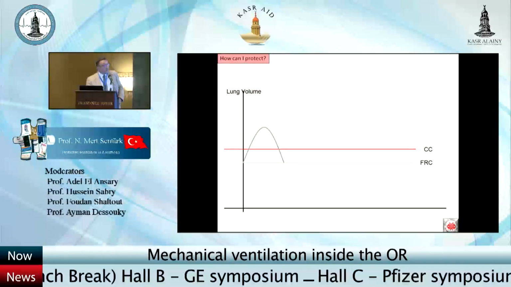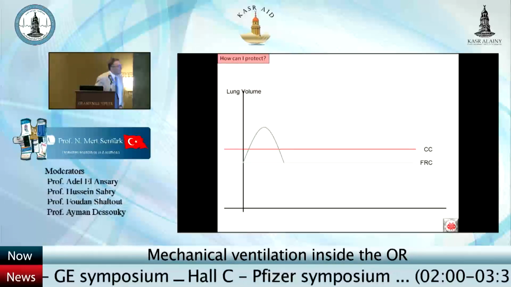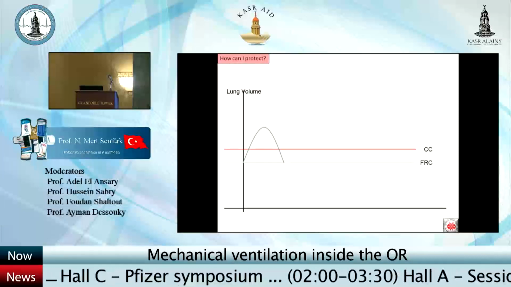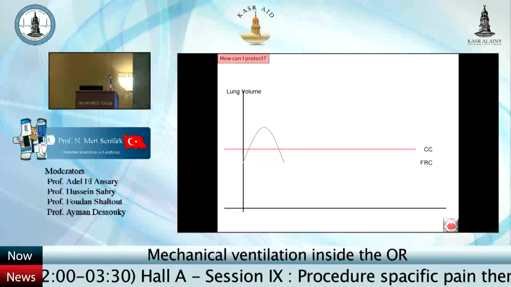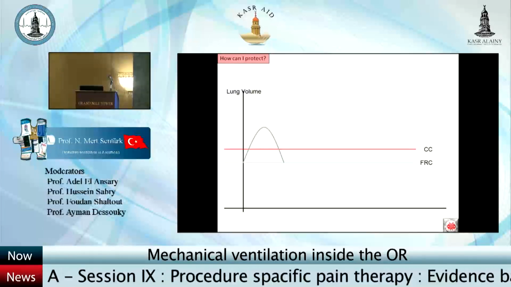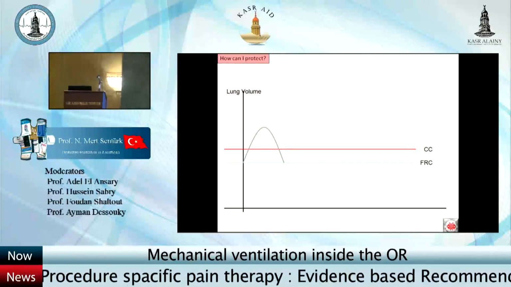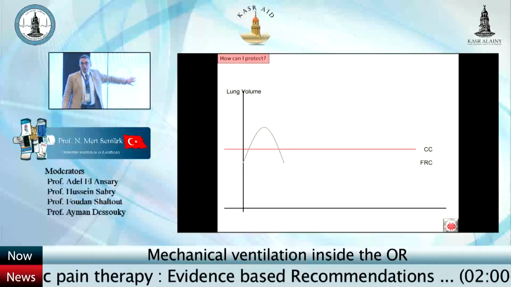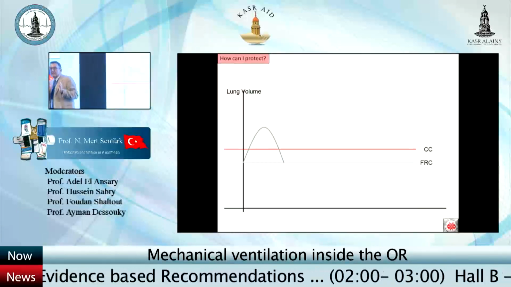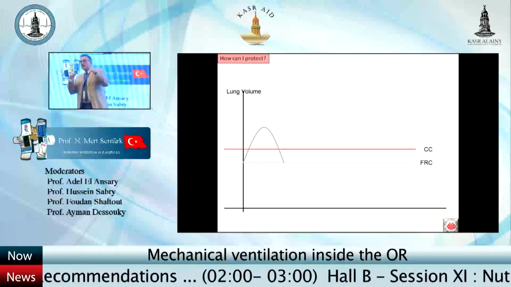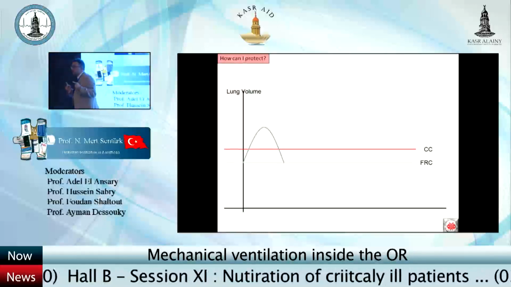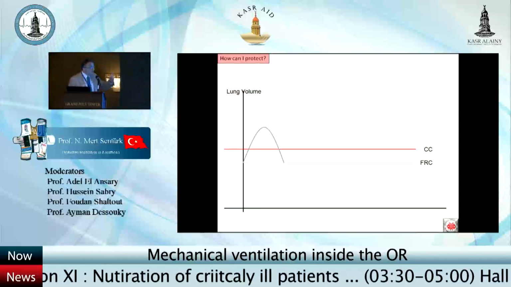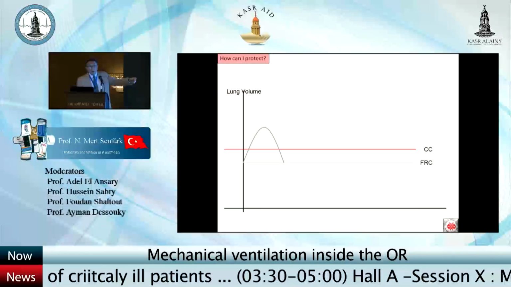And therefore, I have to do something, because every time I breathe, here my alveoli collapse. This is only the area that I can ventilate my patient. And at the end of expiration, the alveoli collapse too. So I have a cyclic opening and closing of the alveoli. This is actually atelectotrauma, and therefore it can be very hazardous to the patient.